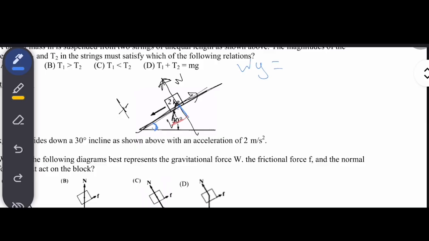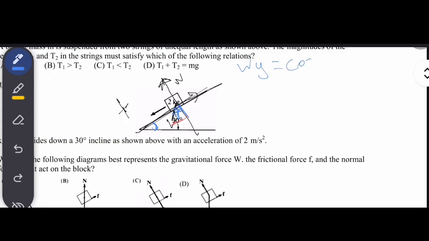Since this is 30 degrees down here, we would use our angle identities. We can make this also 30 degrees. And doing our trigonometry, we can see that this is opposite and this is hypotenuse. So that is for x. And then for the y, it would be adjacent over hypotenuse.